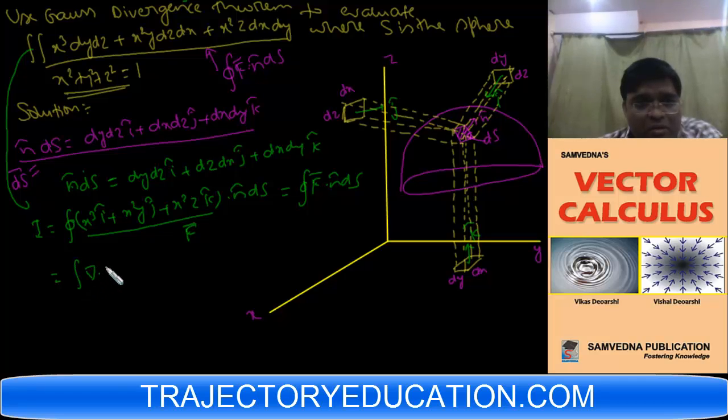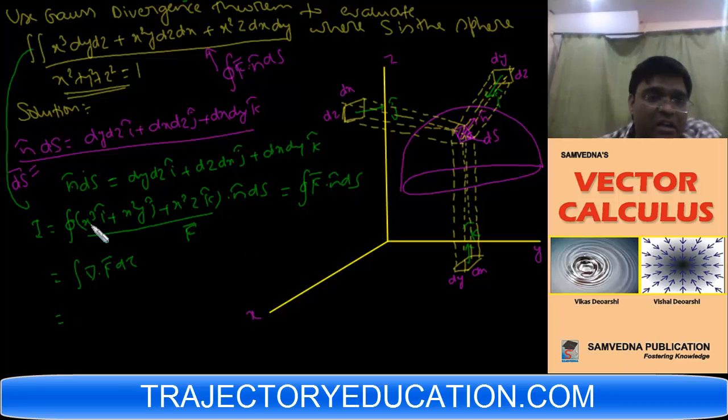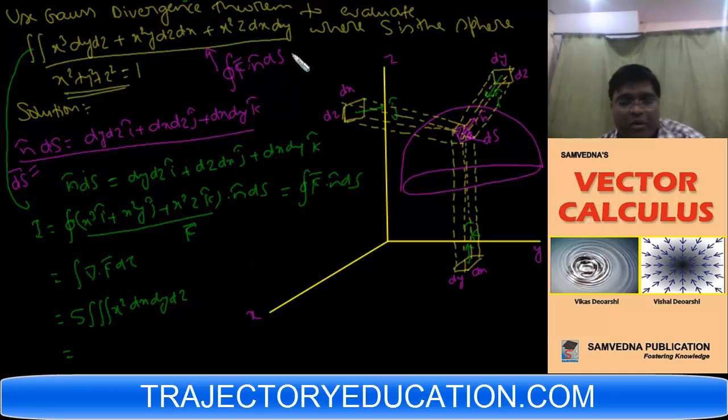So this will be equal to del dot F d tau, or d tau can be written as dx dy dz, and del dot F will be 3x square plus x square plus x square, which comes to be 5x square dx dy dz. So we have to evaluate this in the volume enclosed by the surface, that is, the surface is a sphere.